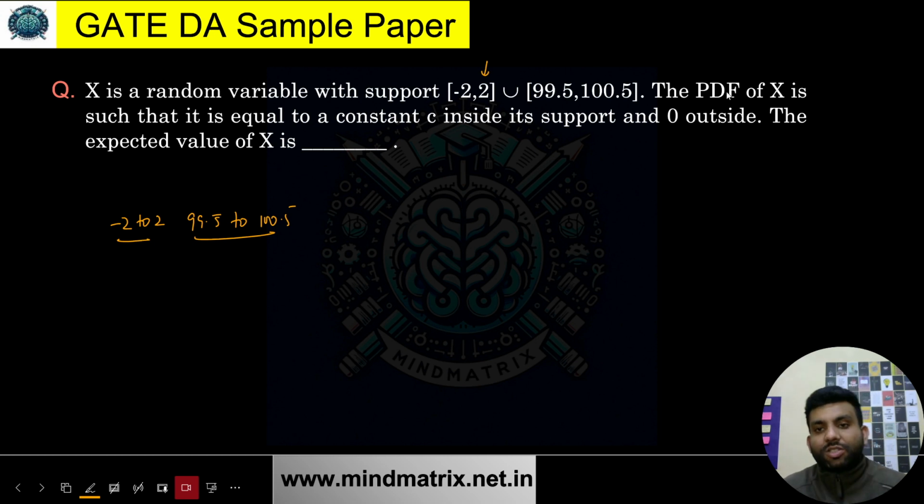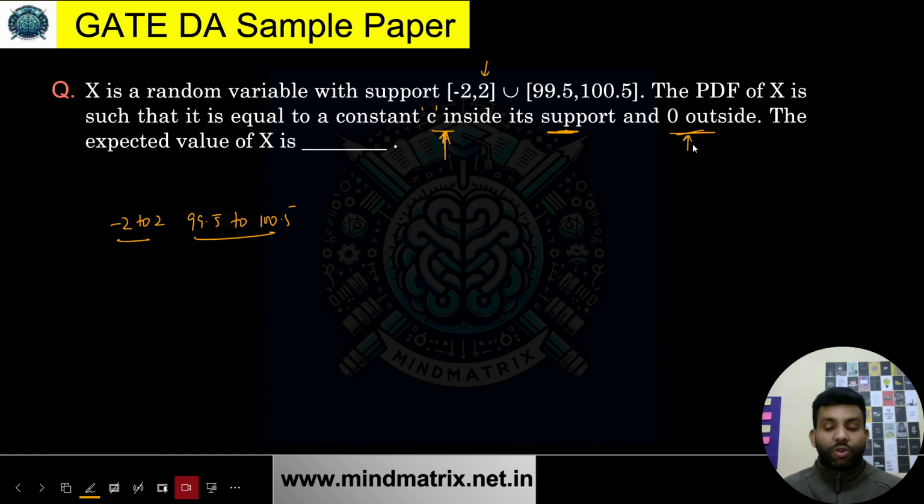The PDF, which is the probability density function of x, is equal to a constant c inside its support. So within this range, where it is supported, the value is a constant c, and it is 0 outside that.